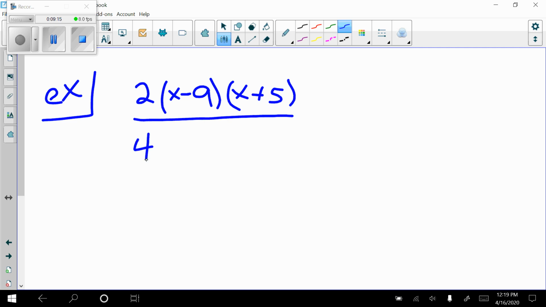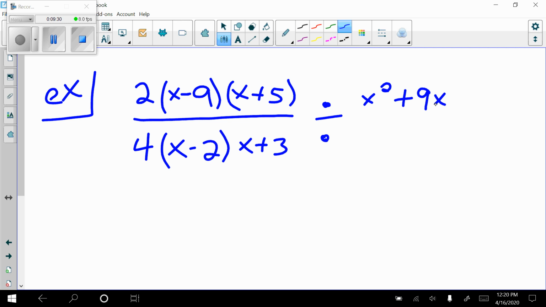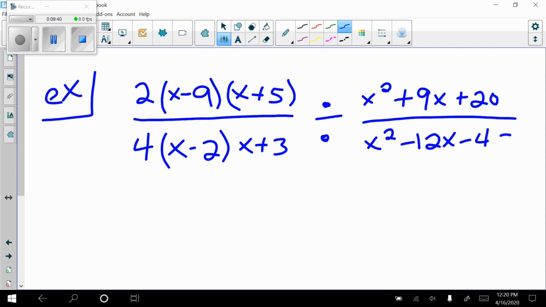The bottom is 4, x minus 2, and x plus 3. And again, we're dividing by x squared plus 9x plus 20 over x squared minus 12x minus 45.